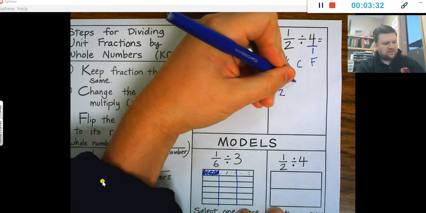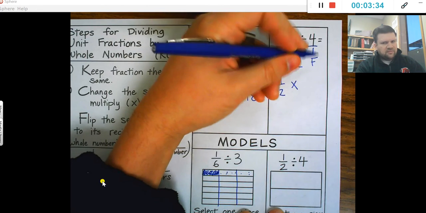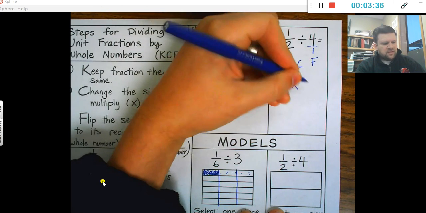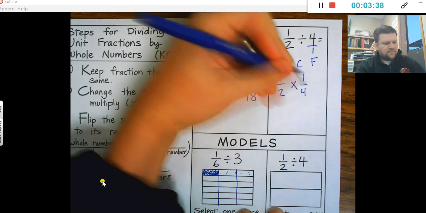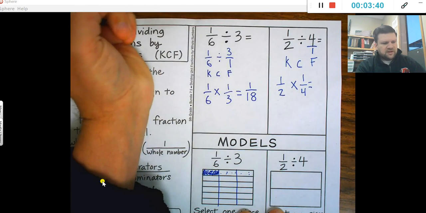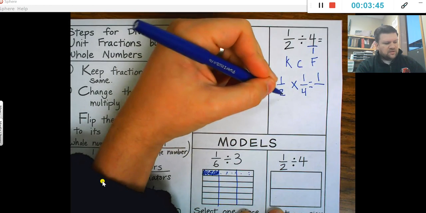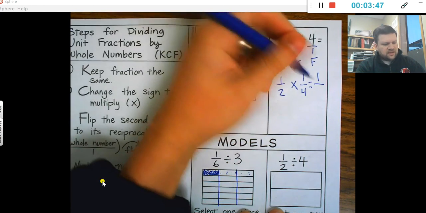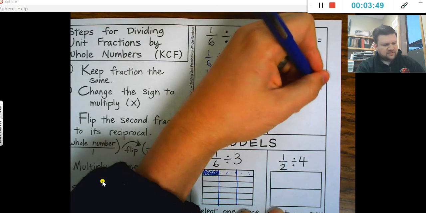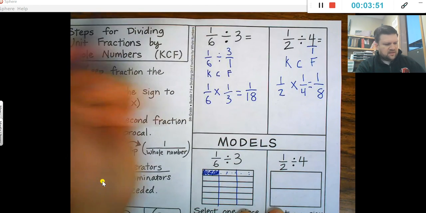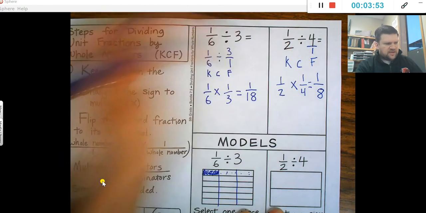Change from divide to multiply, and flip. Instead of 4 over 1, it becomes 1 over 4. I multiply straight across. 1 times 1 is 1. 2 times 4 is 8. You got it. Okay, so there's our answer there on that one.